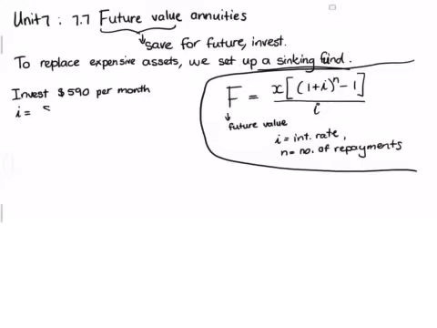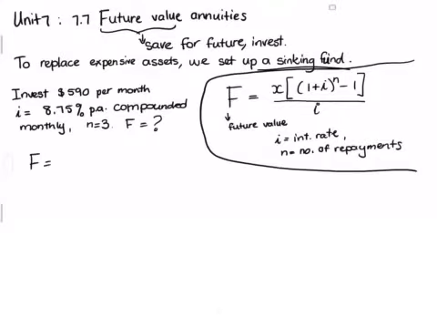The bank quotes me an interest rate of 8.75% per annum, compounded monthly. So there's the word again, compounded. It's compound interest. And I'm going to continue this for 3 years. So my question now is, how much will I have at the end of the 3 years?